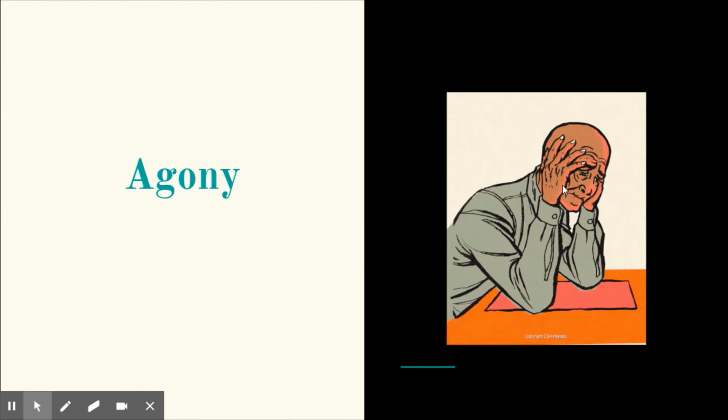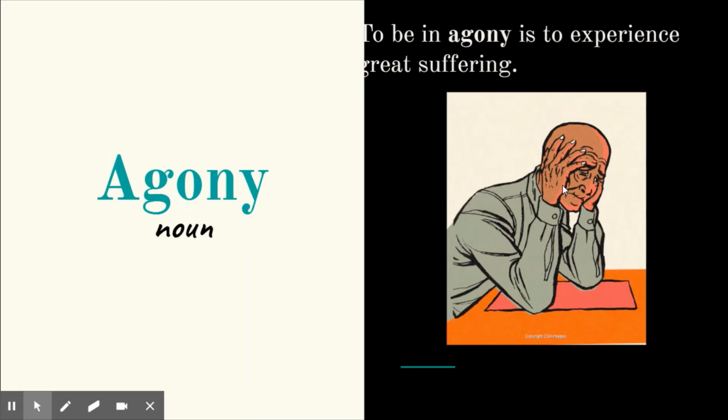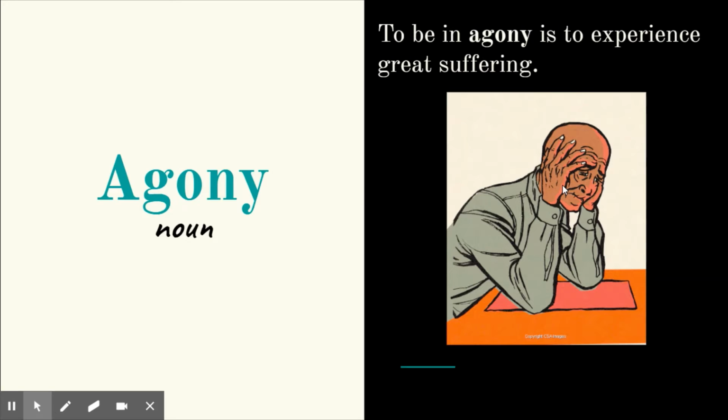So I would like you to look at the illustration, and the first word is agony. Let's go ahead and pronounce that word together. Agony. One more time. Agony. And agony is a noun. Okay, so remember that nouns are things, person, place, right?